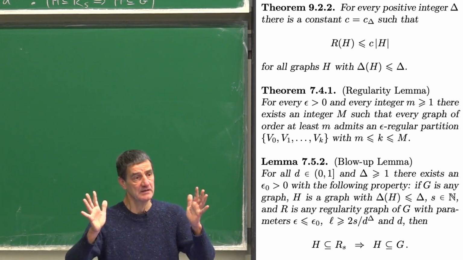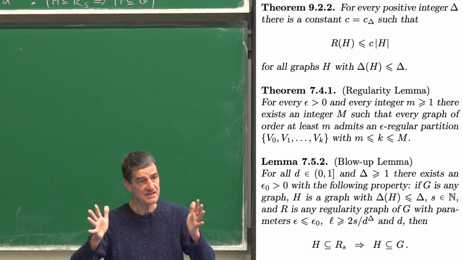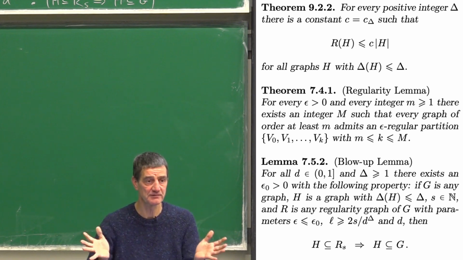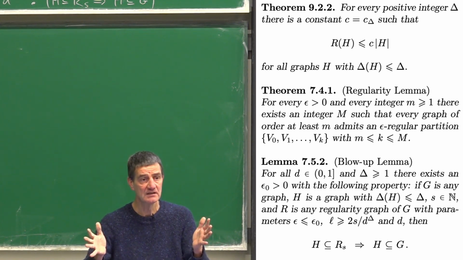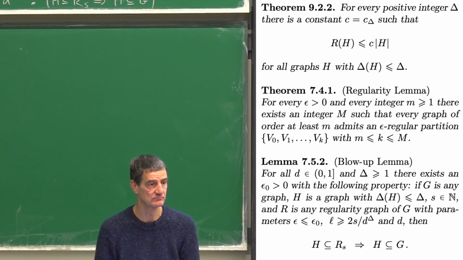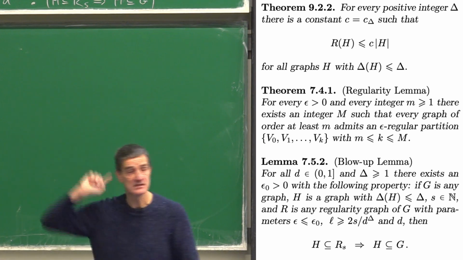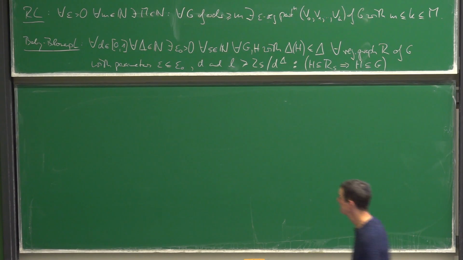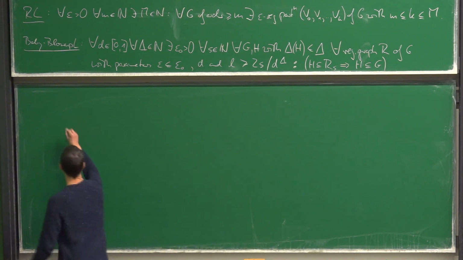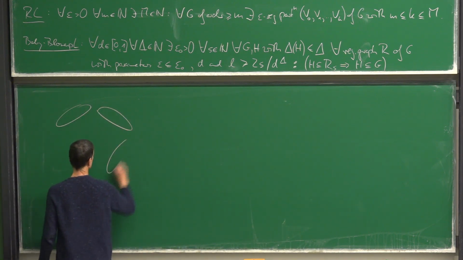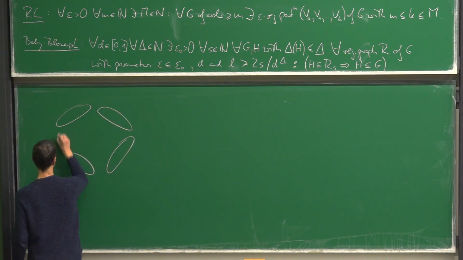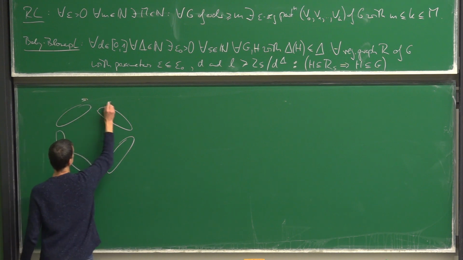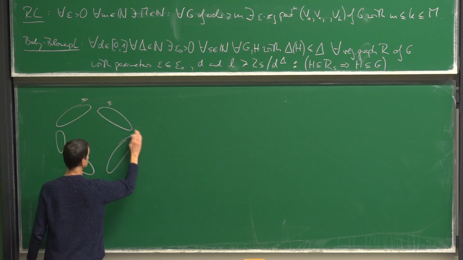And let's look at the dense pairs first. That's a certain subgraph of R. Let's blow it up to R_S. Then R_S has all these classes, S vertices in each of them.